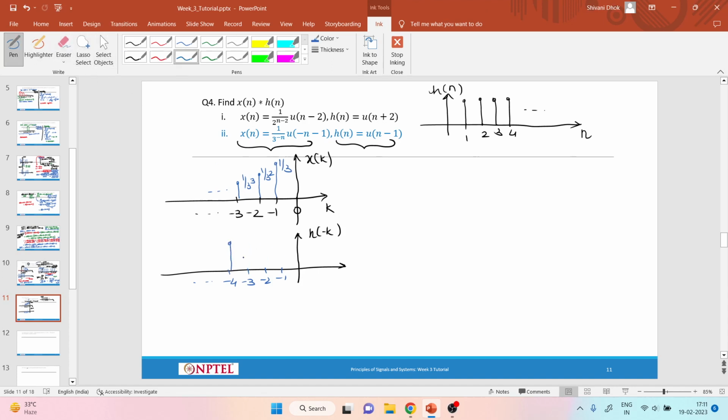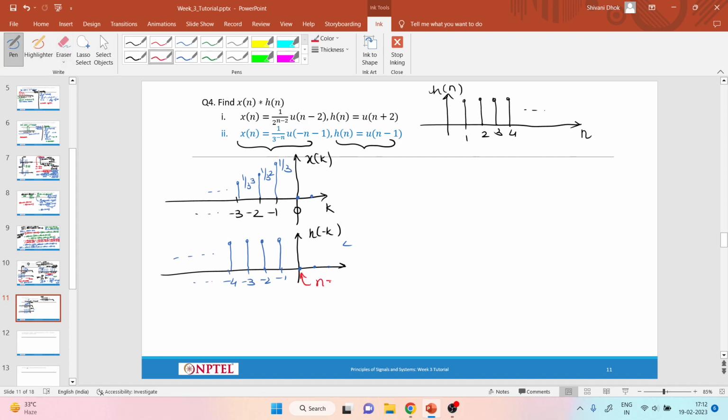So it will be 1 for all of these values, which are from minus infinity to minus 1, and it will be 0 here. This one is also 0 here. So this is basically my h of n minus k at n equal to 0. So this is my case when my n is located here, that is at 0.